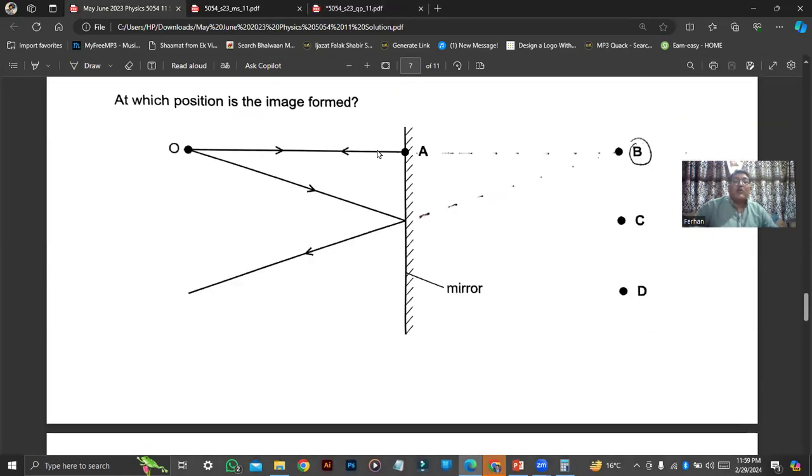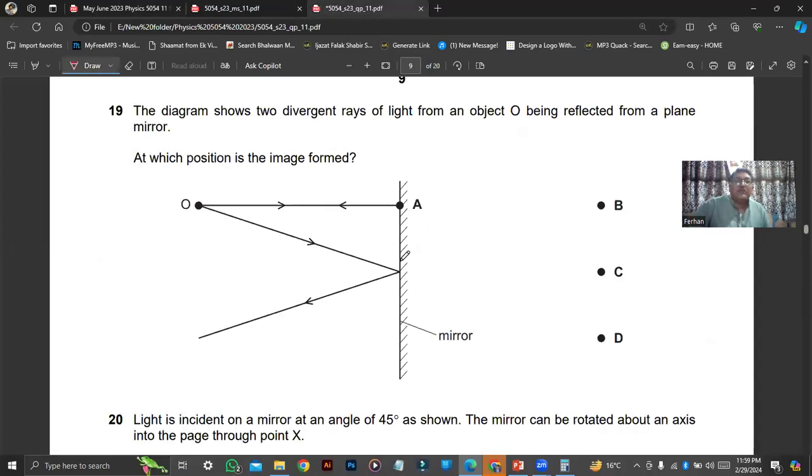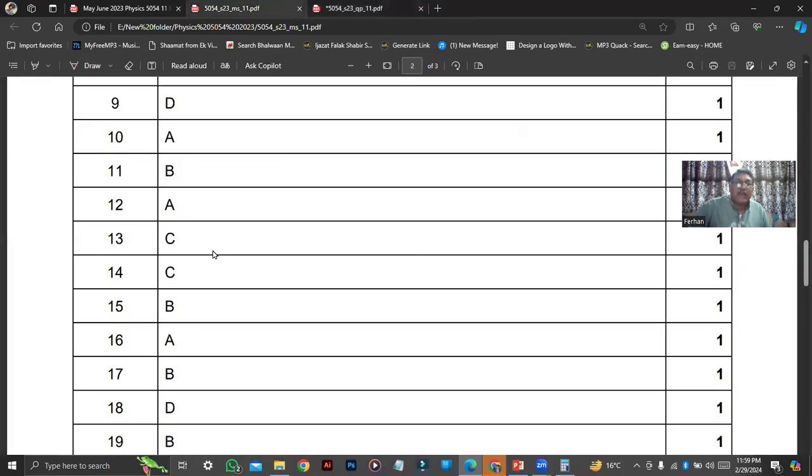You can see I have prolonged this reflected ray behind the mirror, and this one too. So where these two rays intersect each other, that is the point where the image will be formed, and that is B. So at position B, the image will be formed. Question number 19, B is the right answer, sir.